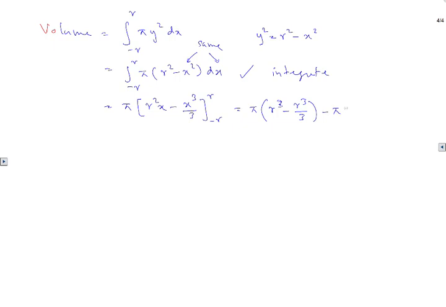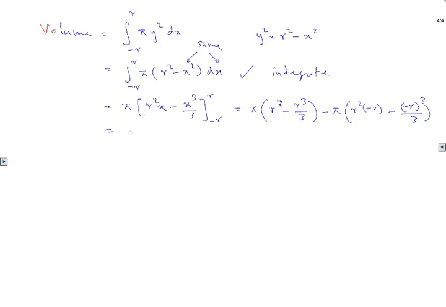and then minus pi times, you plug in negative r. If you plug in negative r, it is r squared times negative r, and then negative negative r cubed over 3. If you simplify, the negative sign comes out, so it becomes positive. That means you're going to double it.